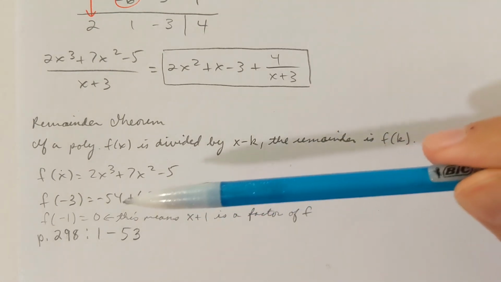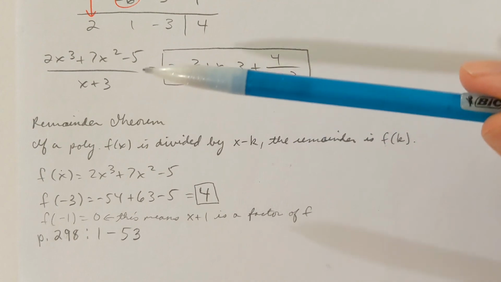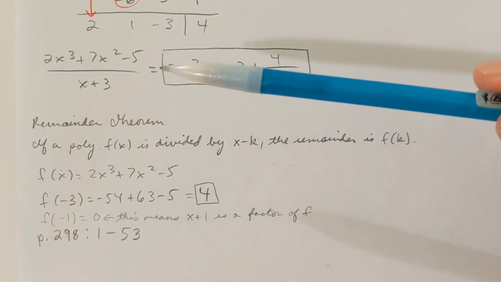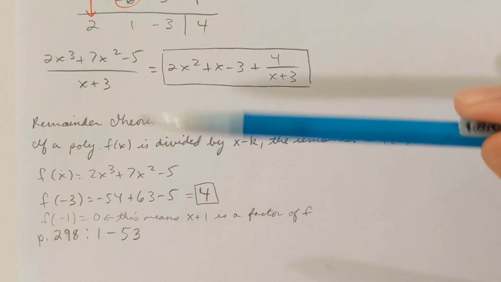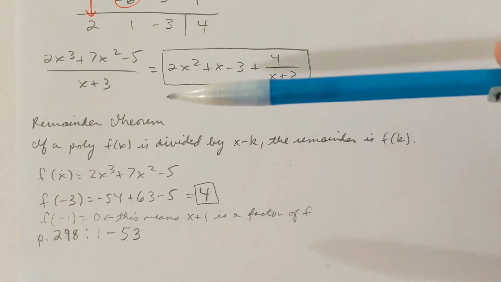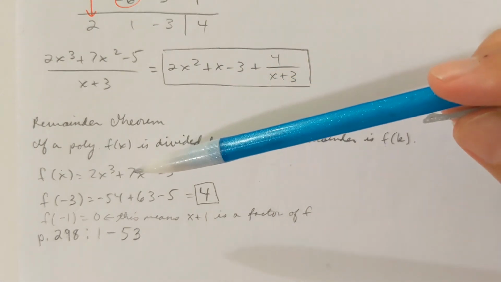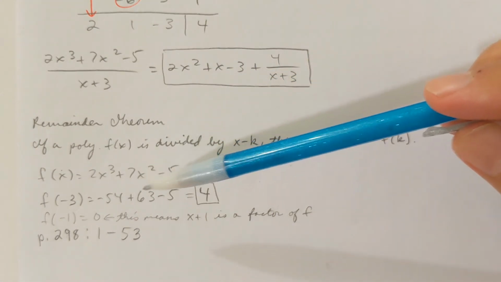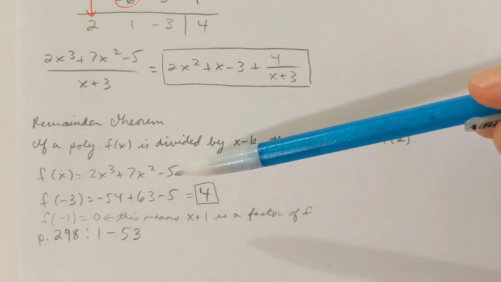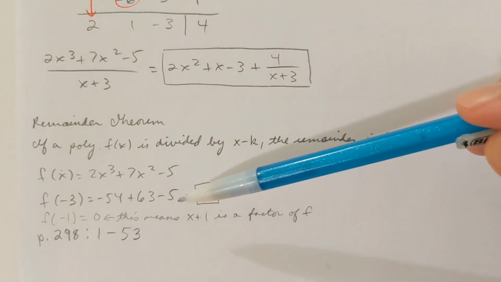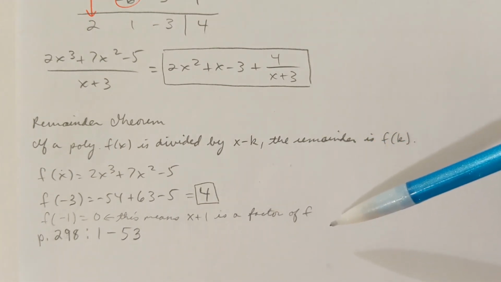Just for some practice, suppose that I take f of negative 1. f of negative 1 gives me 0 because negative 1 cubed is negative 1 times 2 is negative 2 plus 7 is 5 minus 5 is 0. This means that x plus 1 is a factor of f.